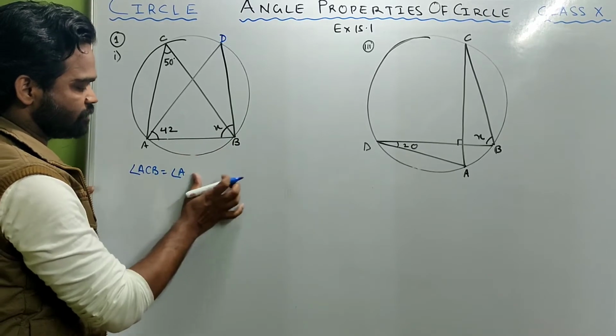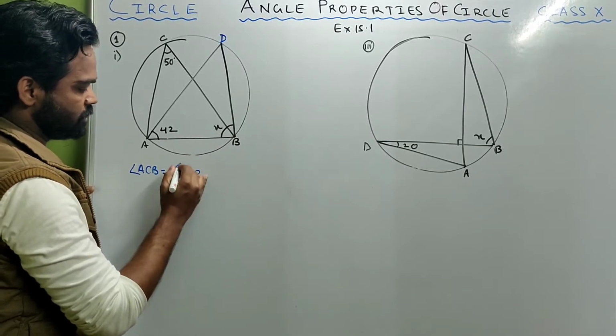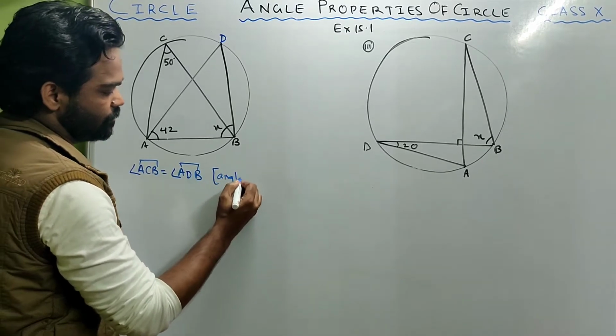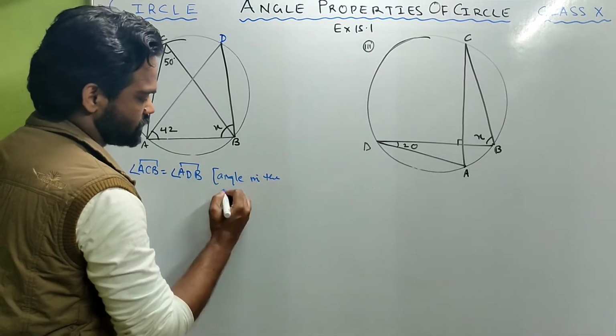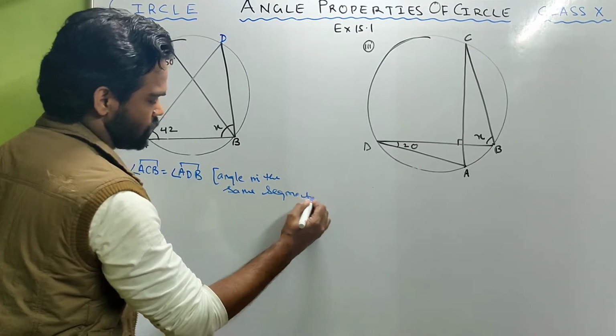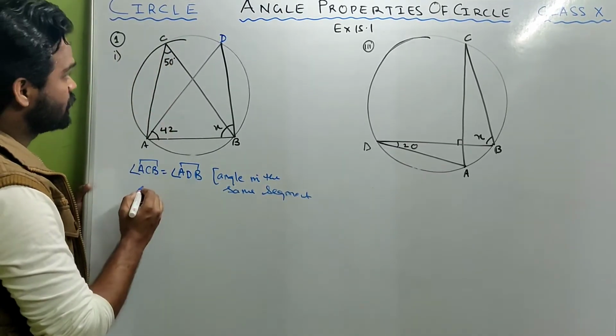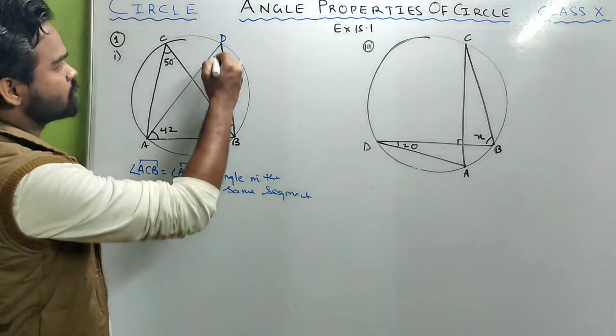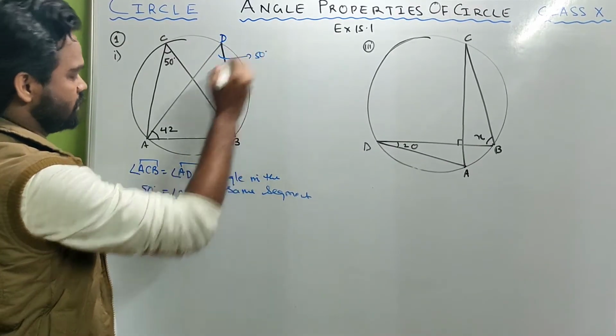Why? Angle in the same segment, AB. Which means this is 50 degrees, equal to angle ADB. So this angle is 50 degrees.